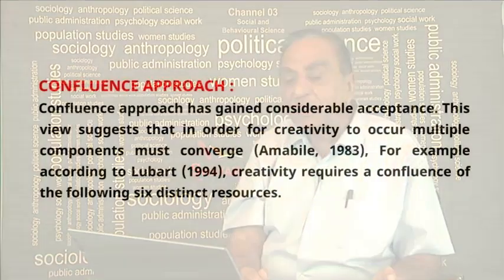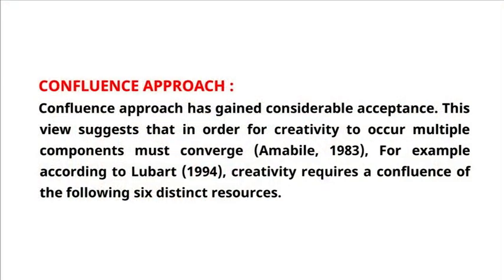Then there is one more approach, called the confluence approach. The confluence approach has gained considerable acceptance. This view suggests that in order for creativity to occur, multiple components must come together, and this was given by Amabile in 1983. For example, according to Lubart, creativity requires confluence of 6 distinct resources.